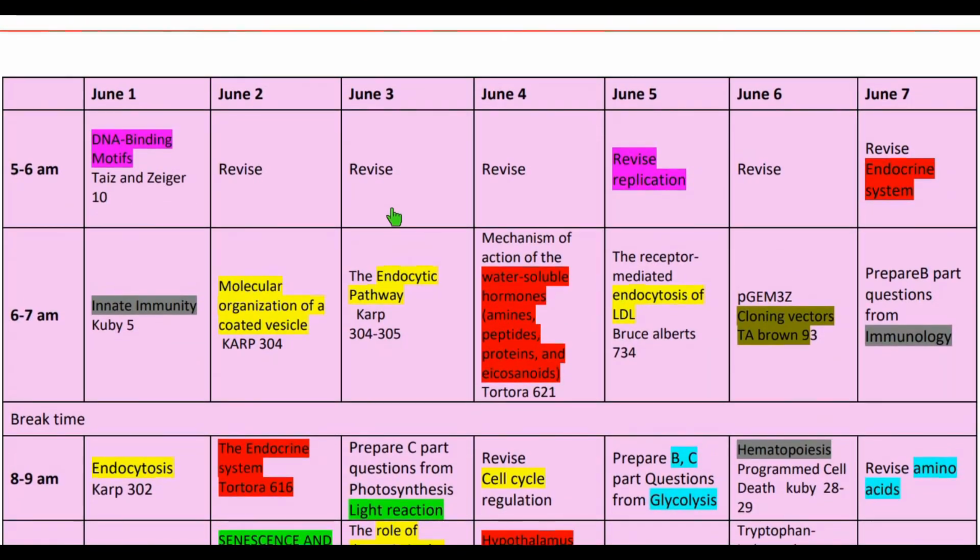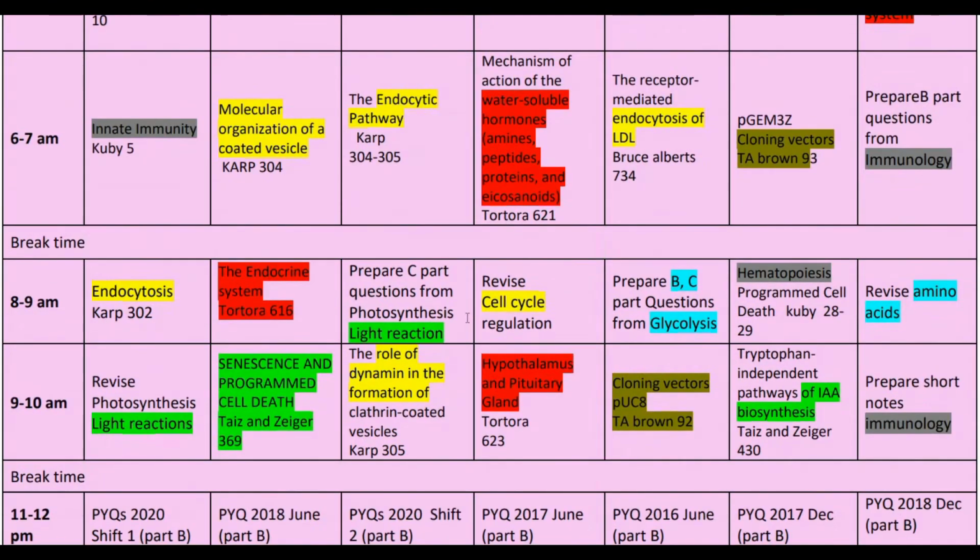June 3rd, 5 to 6 a.m., revise. 6 to 7 a.m., the endocytic pathway from Karp. 8 to 9 a.m., prepare C-part questions from photosynthesis, light reaction. Photosynthesis is very important, okay?